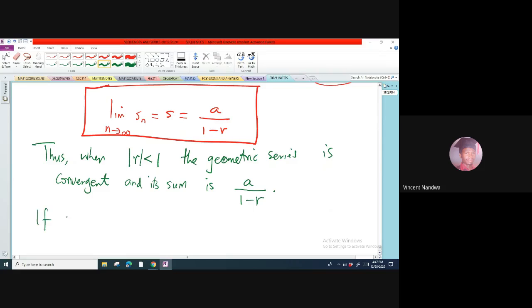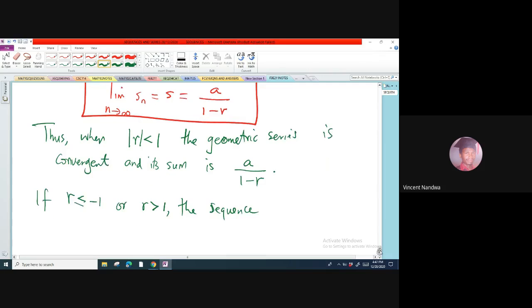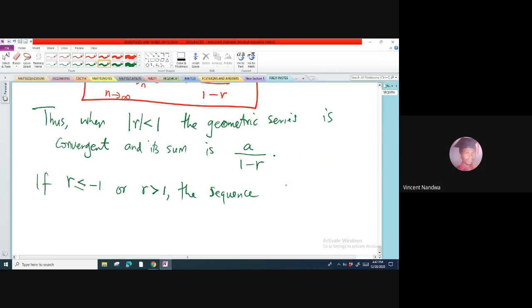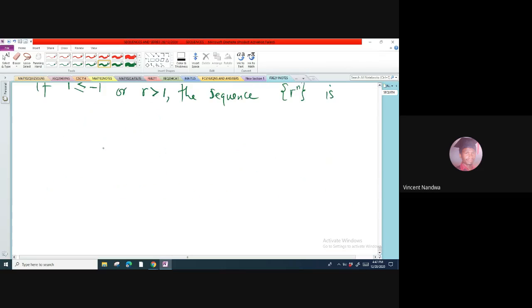If r is less than or equal to -1, or r is greater than 1, the sequence is divergent as we have seen before.